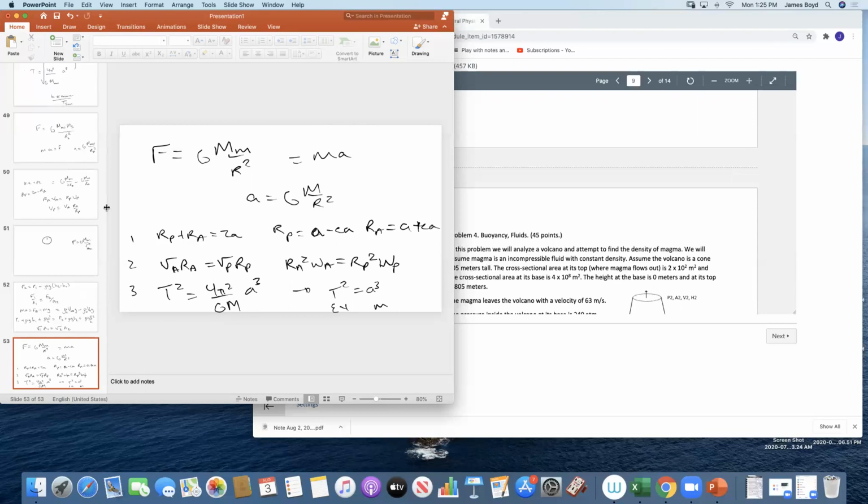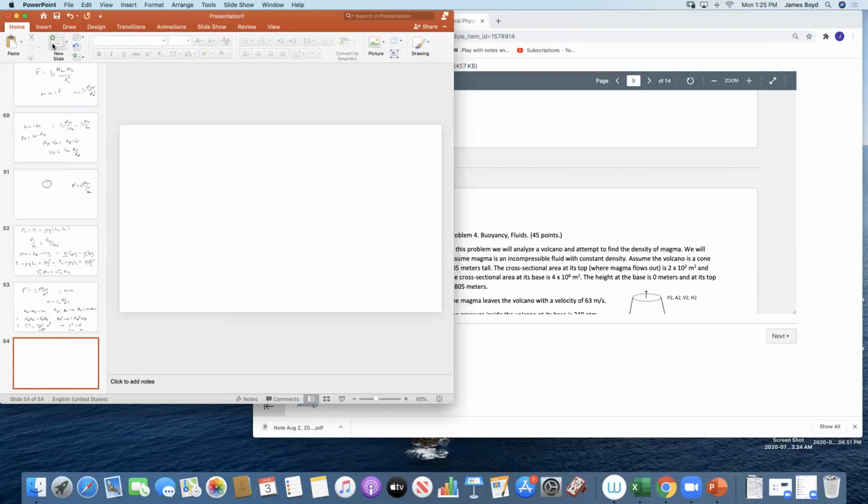And the last thing is that the kinetic energy, mv squared over 2, is equal to GMm over 2r. And the potential energy, which we usually call mgh, is GMm over r.